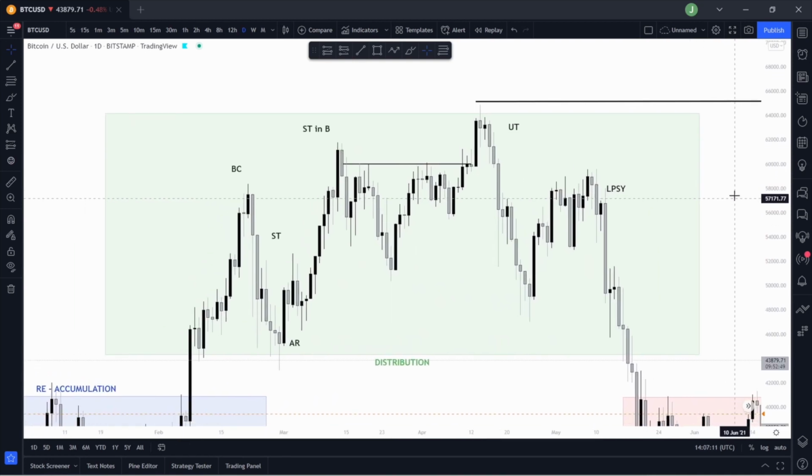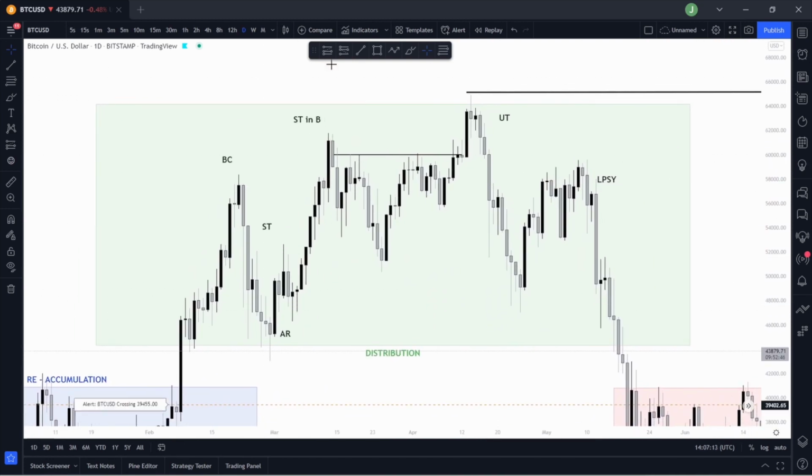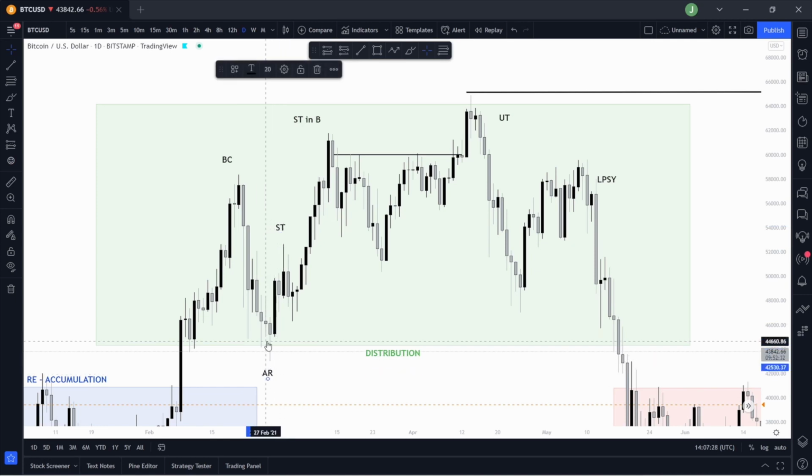So in the first phases, in the very start of the distribution, we're obviously going into this point with a very high demand, evident by the large push up. Now what we have after this is an automatic reaction. Now that is giving us signs that supply is entering the market because we've had this large pullback.